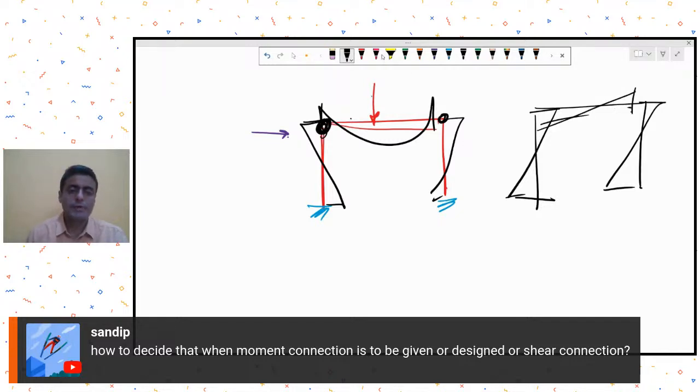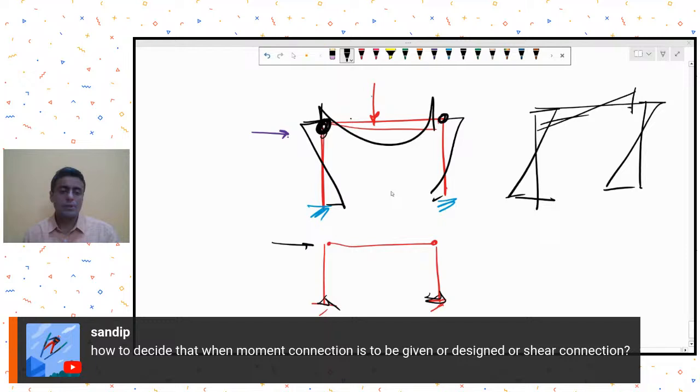But suppose this system was shear connected, or suppose this was a pin. Will this system be stable for lateral loads? Now this system does not remain stable for lateral loads because I have provided a pin connection over here. So in such a case, I need to add another system, let's call it the bracing system, which will take the lateral loads in axial compression and tension.